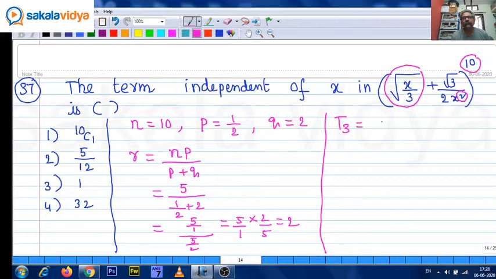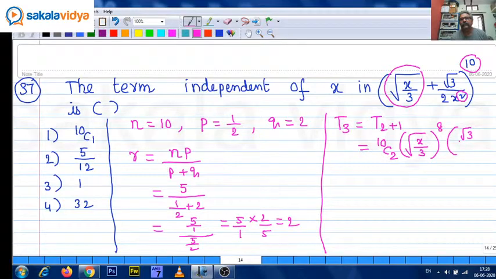T3, T2 plus 1, r is 2. 10c2 (root of x by 3) whole to the power of 8, (root 3 upon 2x square) whole to the power of 2.